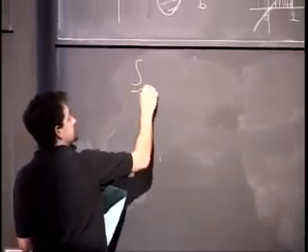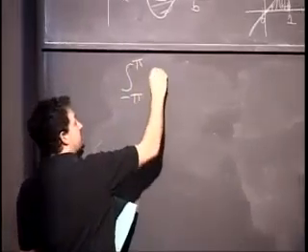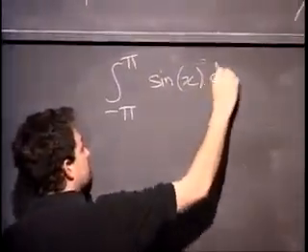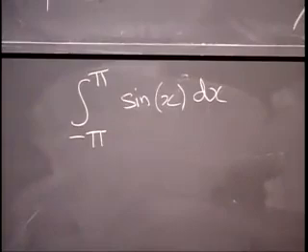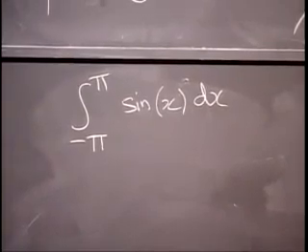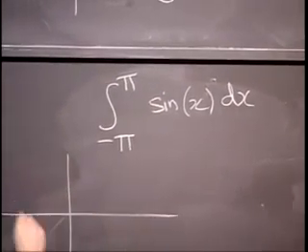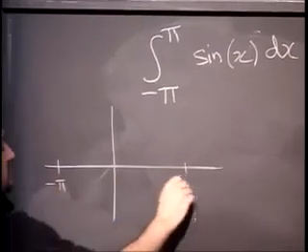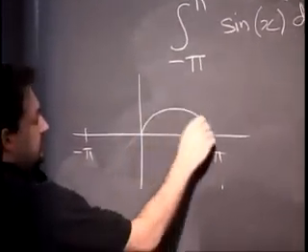Let's see if I can give you another example. What is this integral? Minus pi to pi sine x dx. Looks pretty tricky. Let's draw a graph. Minus pi to pi sine x looks like this.